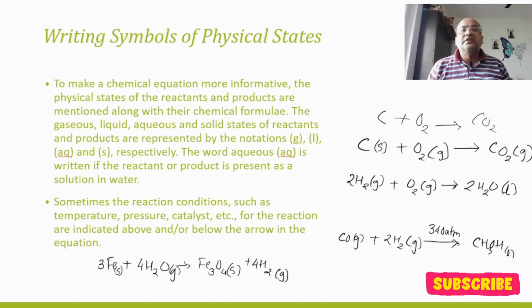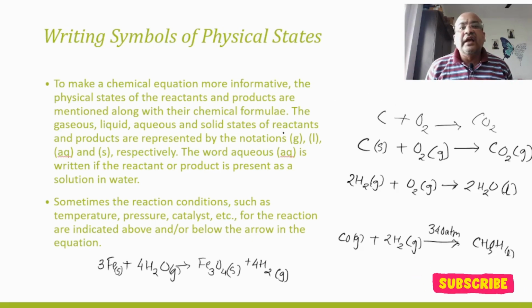Now the reaction is not telling me what are the states of carbon or oxygen or the carbon dioxide. The gaseous, liquid, aqueous and solid states of the reactants and the products are represented in brackets by small g, l, aq for aqueous, and s for solid.